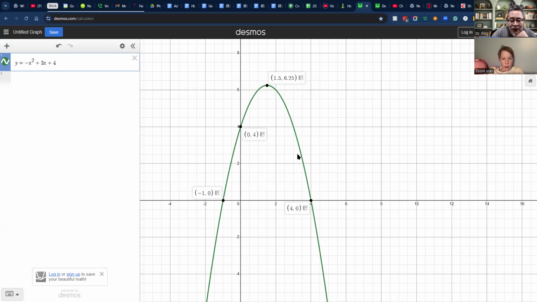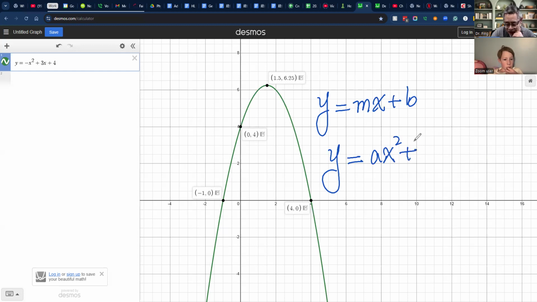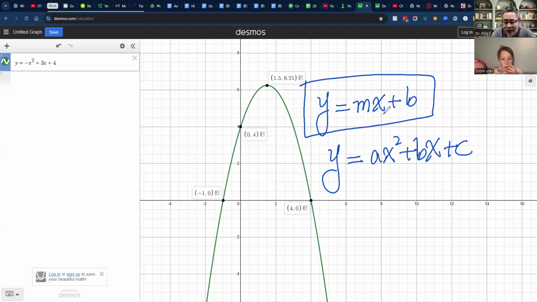Okay, so now we actually can use this to look at how the function works. So far the function we learned is the linear equation. The standard form we write as mx plus b, and we also have the quadratic equation, ax squared plus bx plus c. Now let's look at the linear equations.